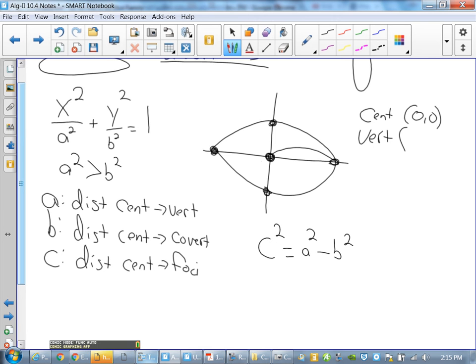A, negative A. So it's (A, 0) and (negative A, 0). Co-vertex is vertical, so it's going to be B, negative B. It's (0, B) and (0, negative B). And it's going to be really easy to write all of this stuff out when I give you guys a numerical example.